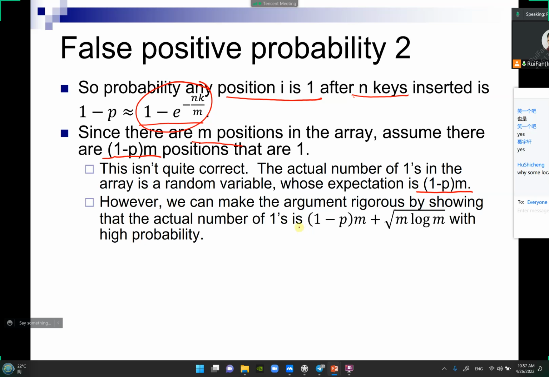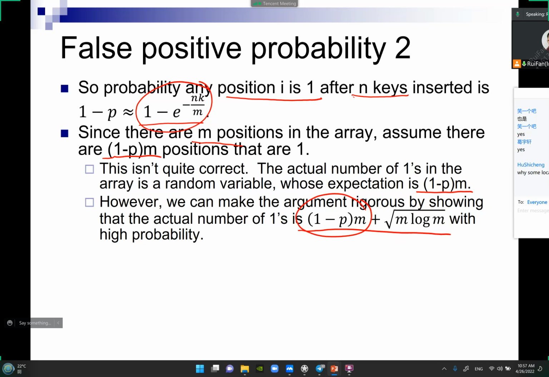If you want to make this more precise, you can show that with high probability, the actual number of ones is no more than its expected value plus something like square root of m. You can prove that rigorously, but we're not going to do that part.